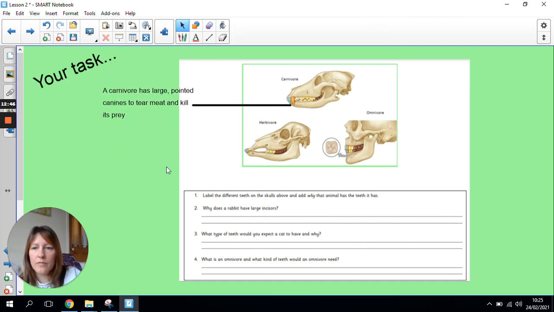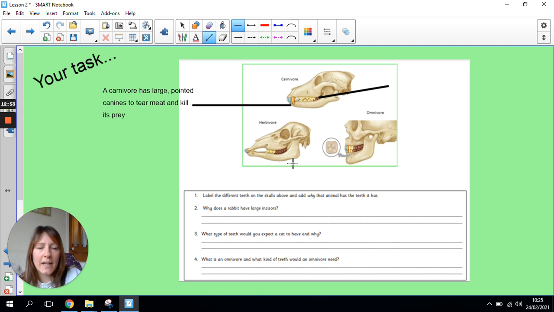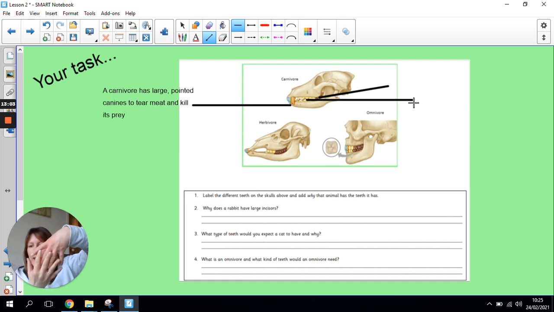Because a carnivore only eats meat. It does still have molars at the back to grind that meat down, and it also has these premolars, which remember we said they are like serrated edges like knives, so you could add that label there.